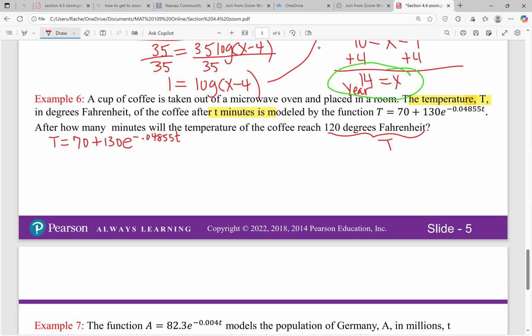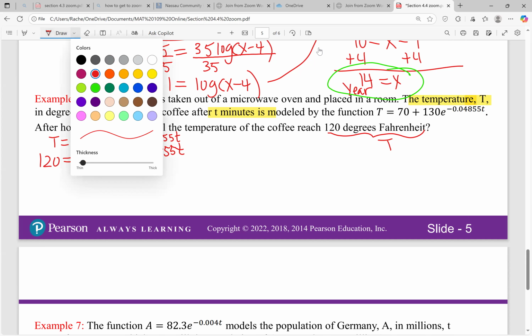So if we set capital T equal to 120 degrees, that's going to equal 70 plus 130 times e to the negative 0.04855t. Now I can solve for t, right? The only unknown I have in this expression is lowercase t. And this is an exponential equation, because it doesn't have logs in it, but it has an exponent.